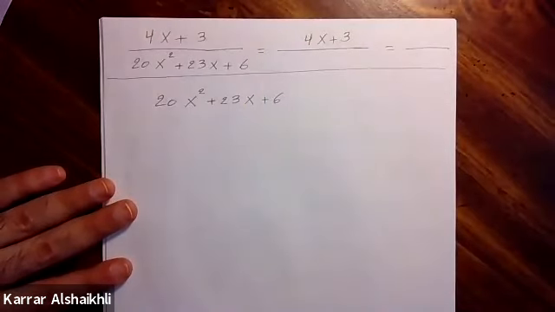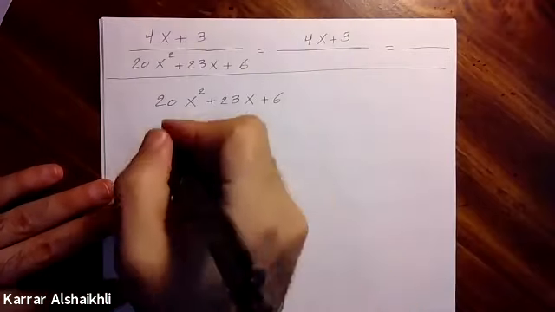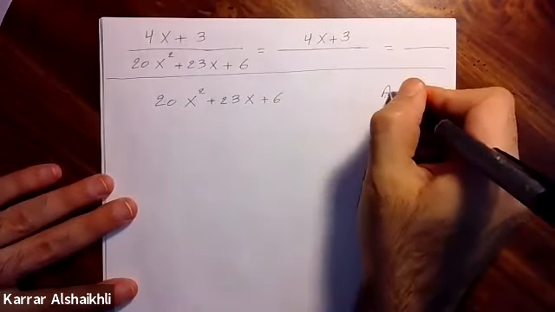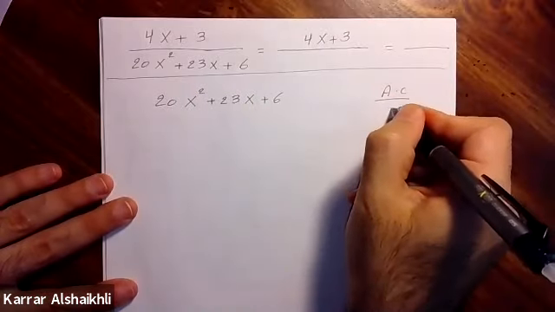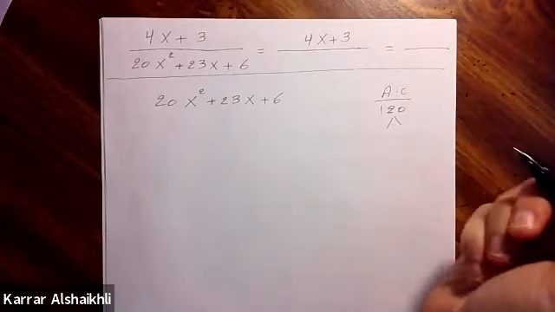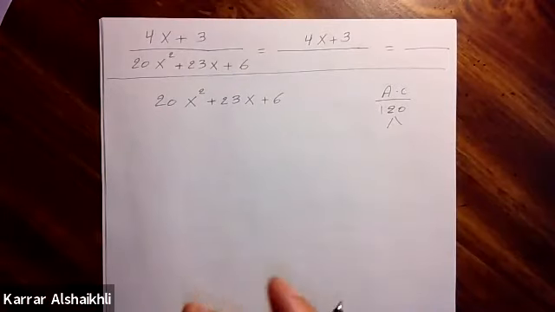We have 3 terms, so we're going to use the AC method. The AC method, this is the A and this is the C. A times C: 20 times 6 is 120. We're going to factor 120 into two numbers, and the first number always starts with 1.